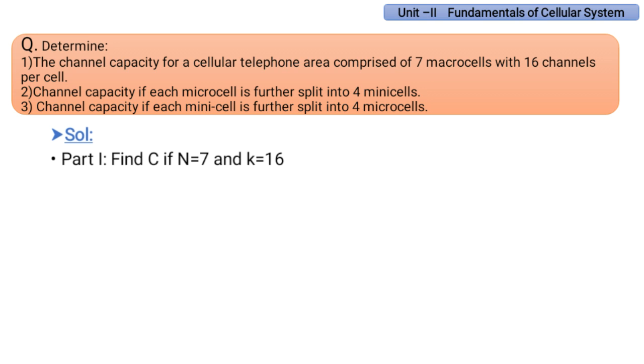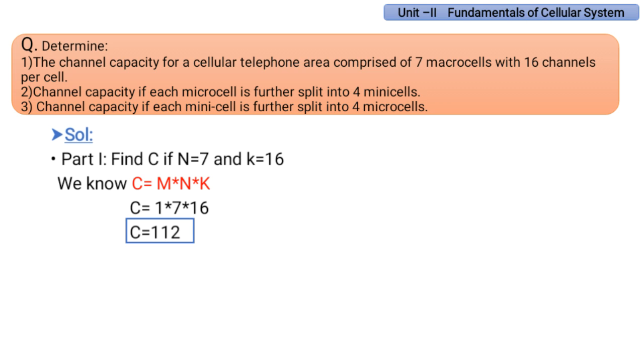We know the formula for capacity of the system: C is equal to M into N into K. Put in all the values and find C. So C is equal to 112. This is the capacity for part 1.